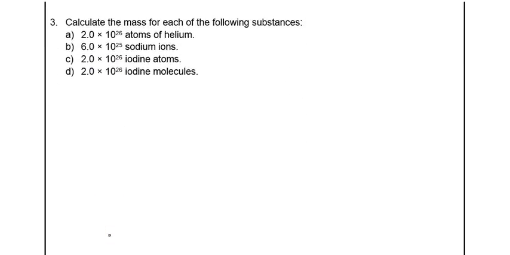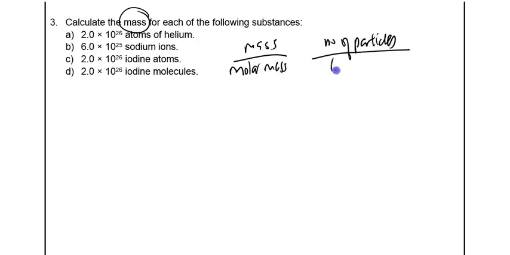Question 3 starts to bring in the earlier equation of number of particles divided by Avogadro's constant. So you are given 2.0 times 10 power 26 atoms of helium. You must calculate the mass. So once you see mass and you see number of particles, you must immediately think of these two equations: mass divided by molar mass and number of particles divided by Avogadro's constant.